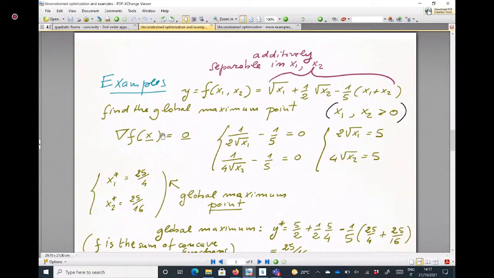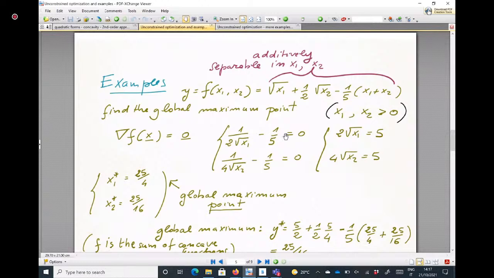So the problem reduces to the so-called solution to the first order condition. The first order condition means compute the gradient and set the gradient equal to 0. You get a system in which each of the two partial derivatives must be equal to 0, okay? This is a system in general in two equations, in this case, two equations and two variables.